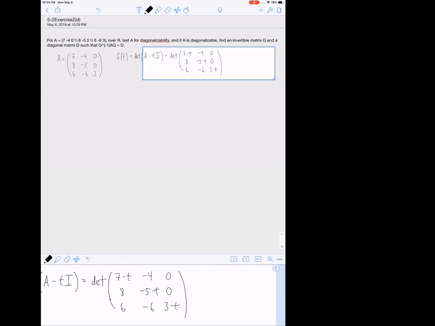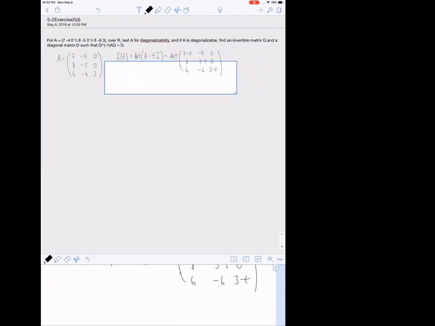My instinct says to use the last column since there are a bunch of zeros. So we'll do cofactor expansion along the last column. We'll find 0 times a 2 by 2 determinant, doesn't matter.